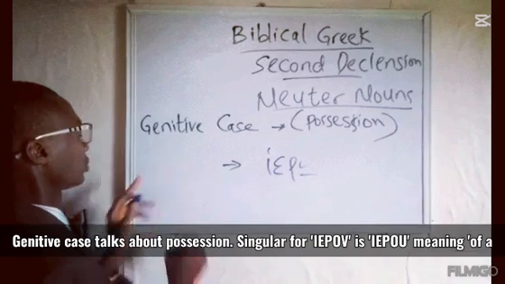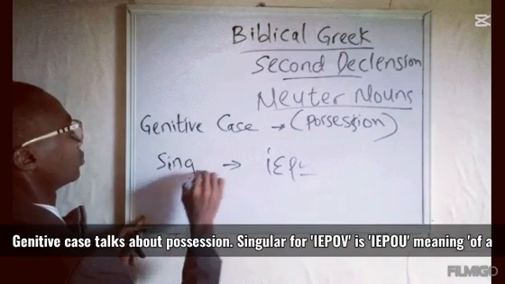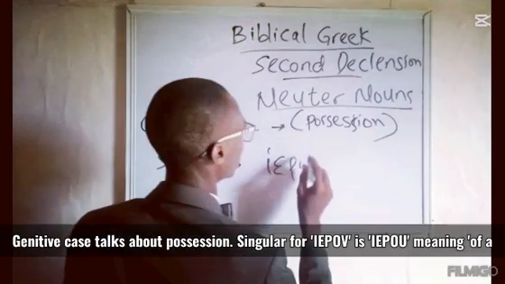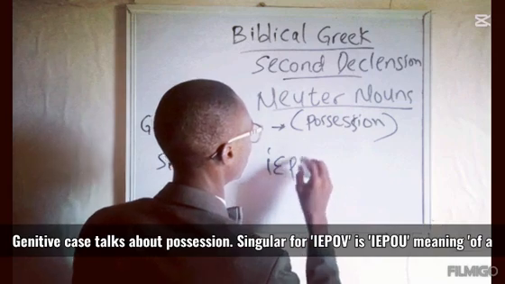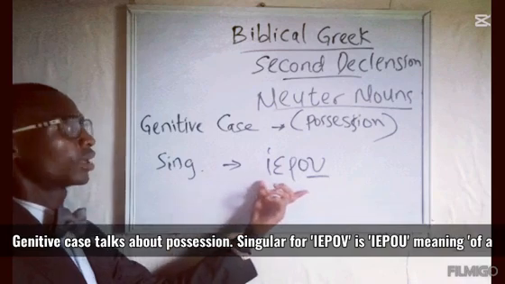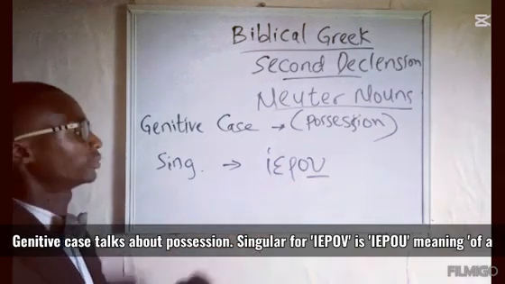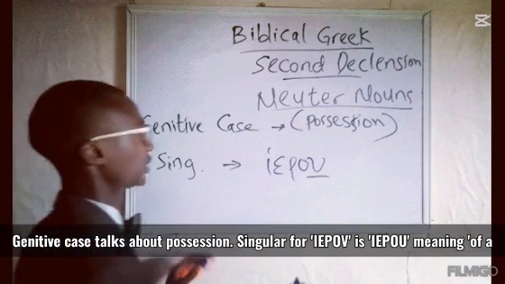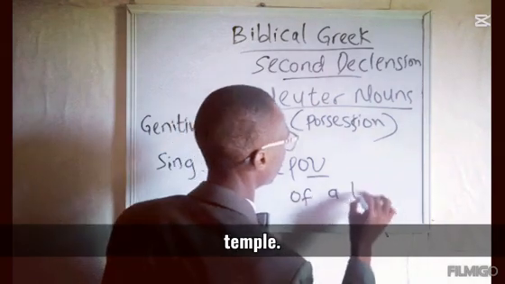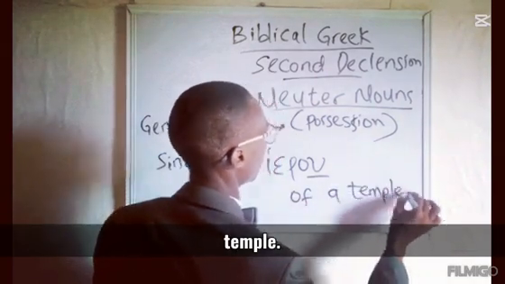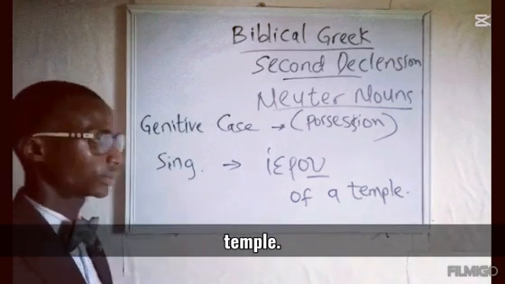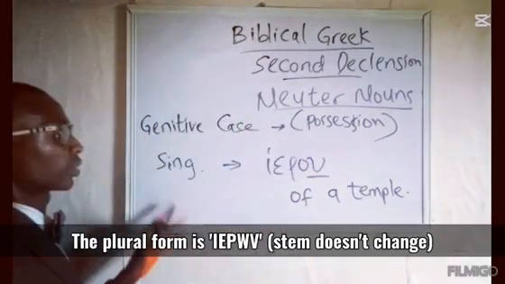So the singular form for that same word, hieron, in the singular it is hierou, which means of a temple. Hierou. Then we have the plural form.